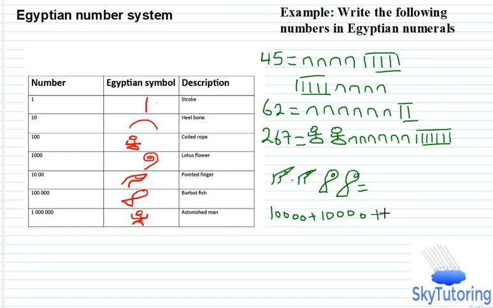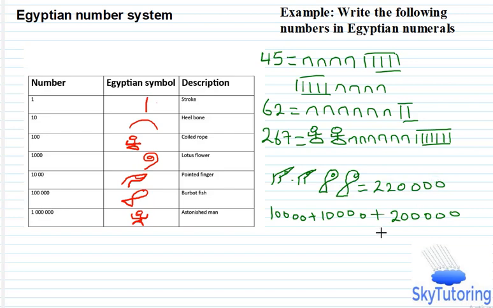So 100,000 plus another 100,000 will be how many thousand? That will be 200,000, since I have 2 of those. So if I add 20,000 plus 200,000, that will be 220,000.